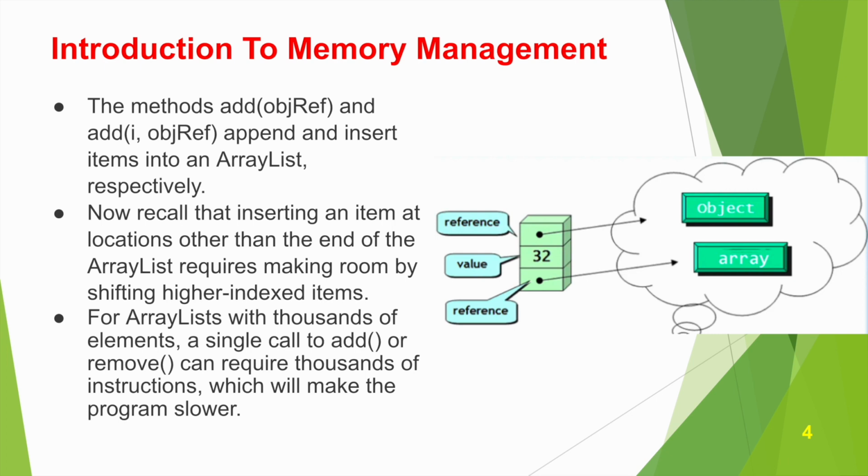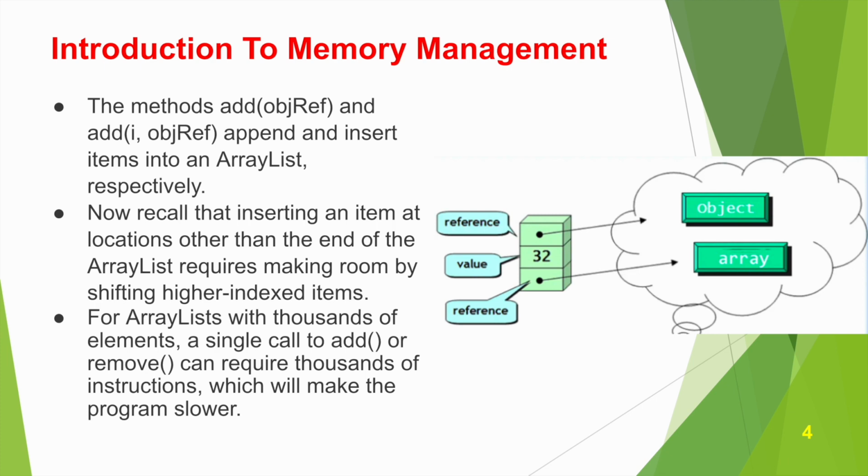Let's recall two methods that we use in our list: add and insert at a particular location, which means insert at a given index. Inserting an element at a given index is always different from inserting an element at the end, which is easier, but inserting in the middle of the list or array can sometimes require making room by shifting higher indexed items.